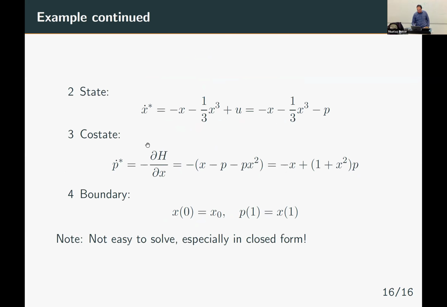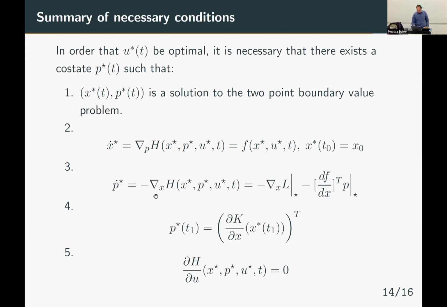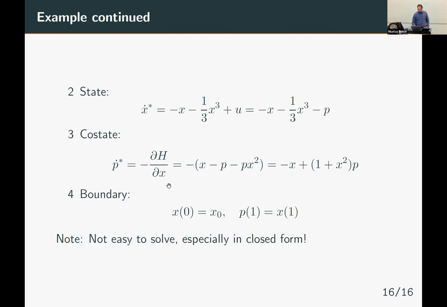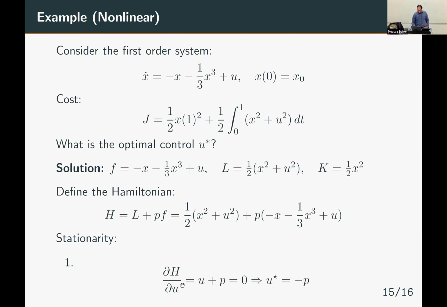The co-state is the negative of the gradient of the Hamiltonian with respect to x. So take the Hamiltonian, differentiate with respect to x, and multiply by minus.